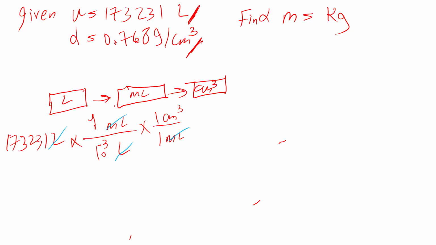Now you want to go from centimeter cube to gram because you need to find a mass. What should you do? You should use density. So you multiply it by the density that you have, which is 0.768 gram per centimeter cube.